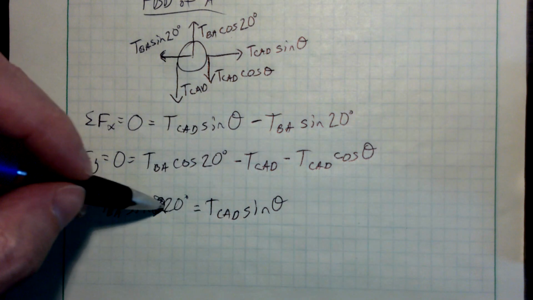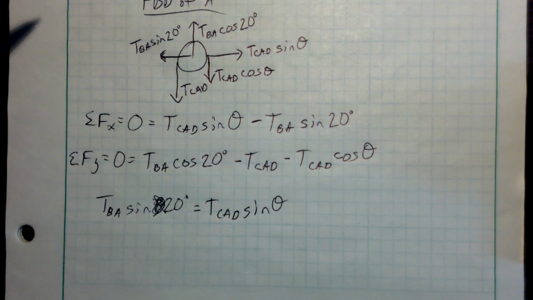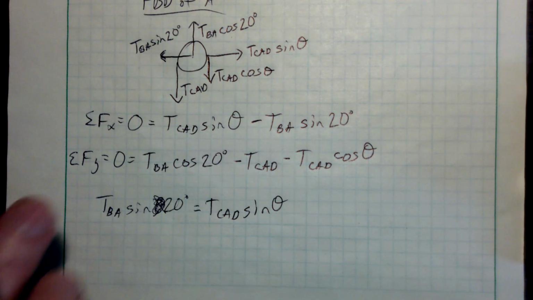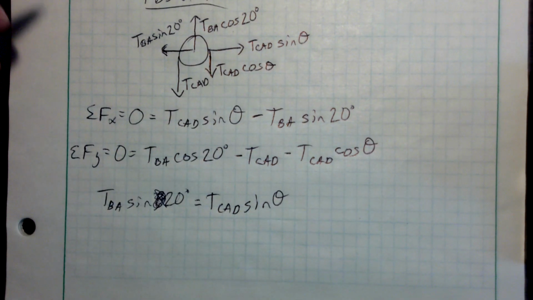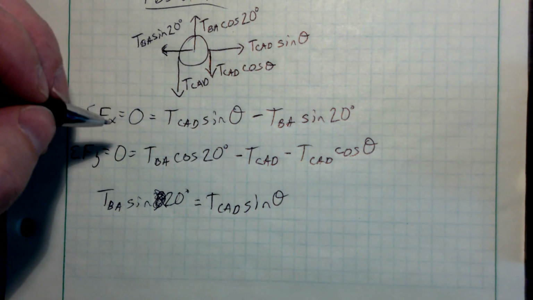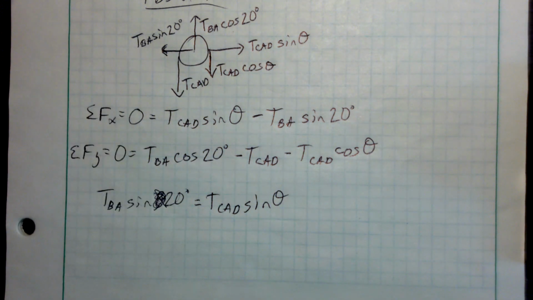But if it's sine 20, that's not going to be a discrete value. You may or may not want to convert that now because there's going to be a round-off error. I'm going to leave it, but if you wanted to write 4 significant figures or whatever, that's okay. Just be careful how you do it. I'm going to leave it as sine 20 for right now. We'll see why in a second.